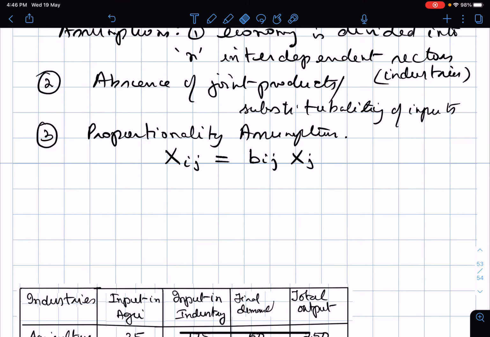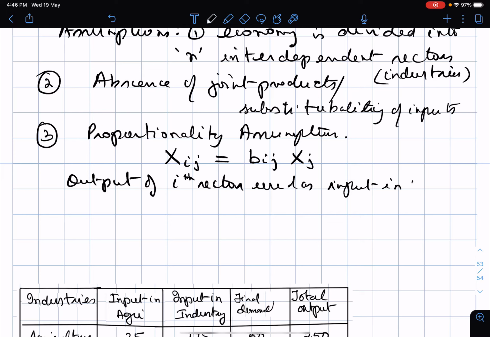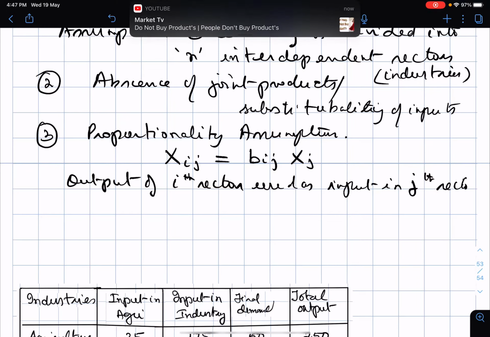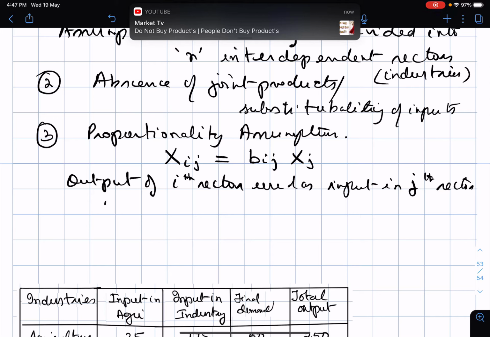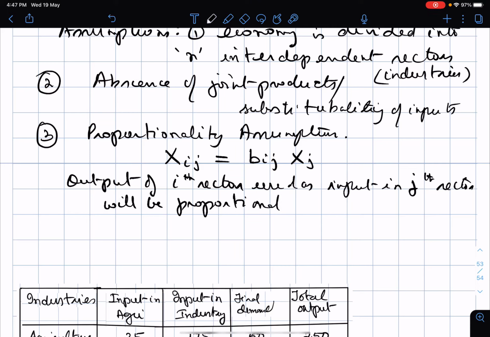The output of the ith sector used as input in the jth sector will be proportional, with a constant, to the output of the jth sector.